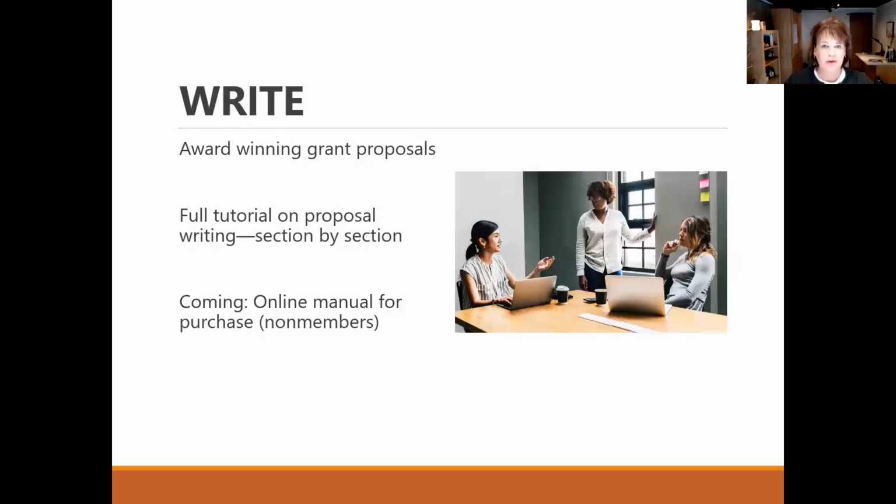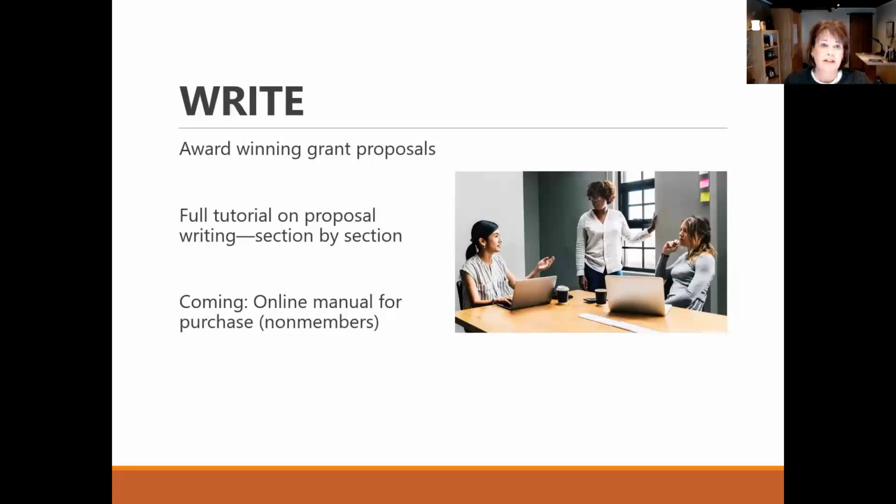It really helps you develop your own style and helps you see the way successful organizations have done it, those kinds of processes you might want to engage in your own writing. So as members, you can look through those award-winning proposals.